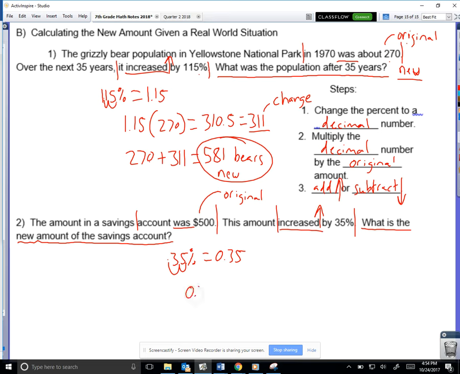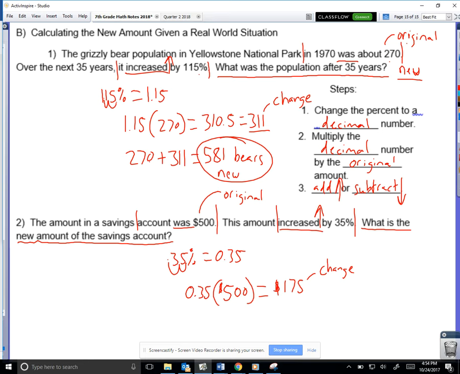Take the 0.35, multiply that by 500. When you do that, that is going to give you $175. So that's your change. That's not what your savings account is now. That's just the change to the savings account.